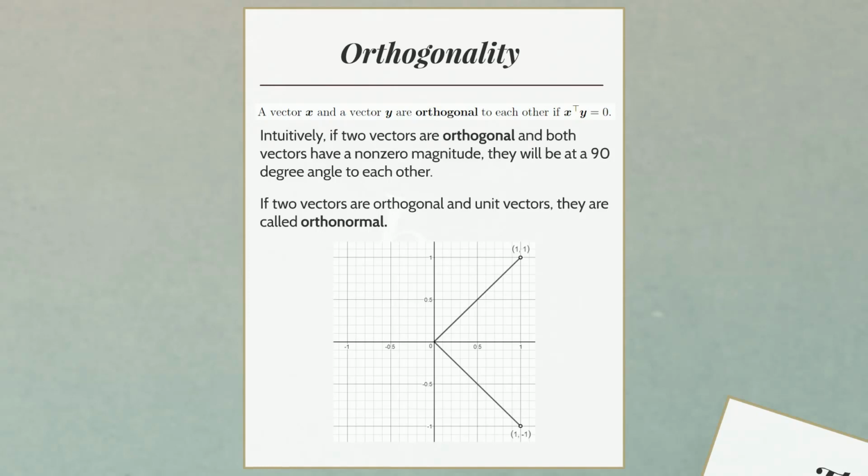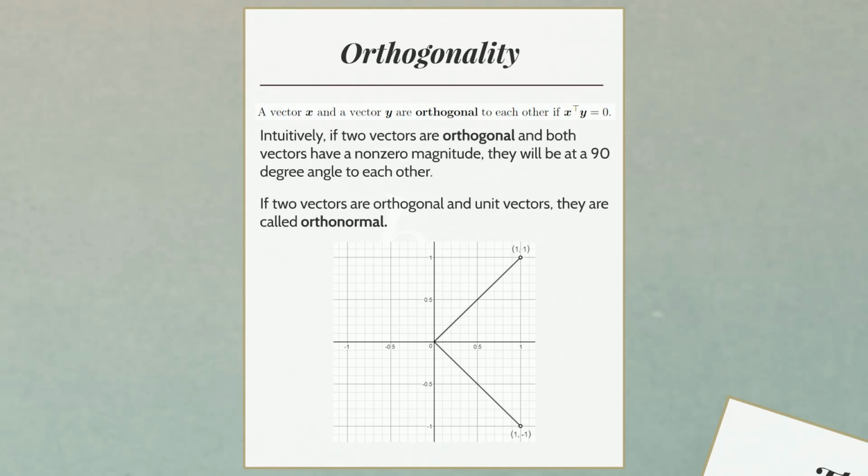We have two vectors here, 1, 1 and 1, -1, and they're at a perfect 90-degree angle to each other in this two-dimensional space, and they're also normalized as well. Oh, actually, this is not an example of orthonormal because the magnitude of these vectors is going to be slightly larger than 1. So I apologize. This is not orthonormal. This is simply orthogonal vectors.